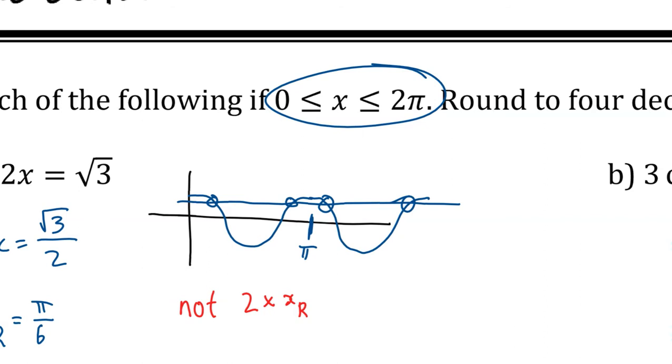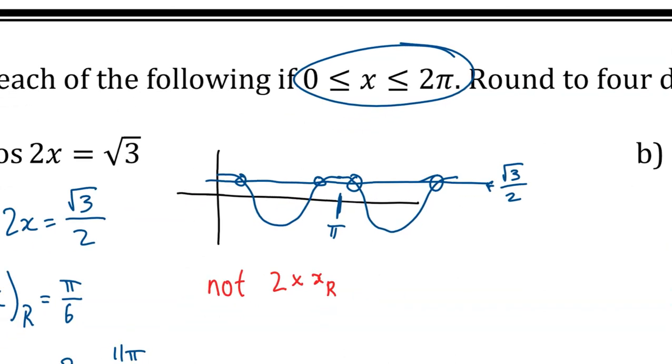If this is root 3 over 2, this line, and it's cutting that graph of cos 2x 4 times, shouldn't there be 4 solutions? This is what we've been talking about for the entire course, how graphing and visualizing helps inform the algebra and make sense of what's happening here. Do you agree? There should be 4 answers.